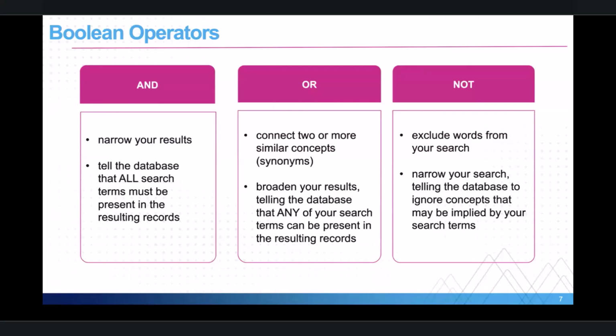If a lot of articles are coming up where children or young adults are present in the literature, we can include the Boolean operator not to exclude those terms that are bringing up those populations.